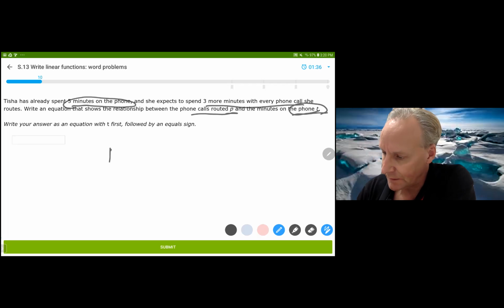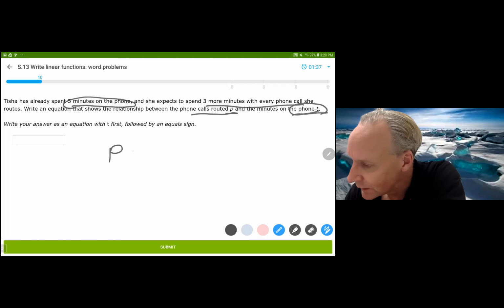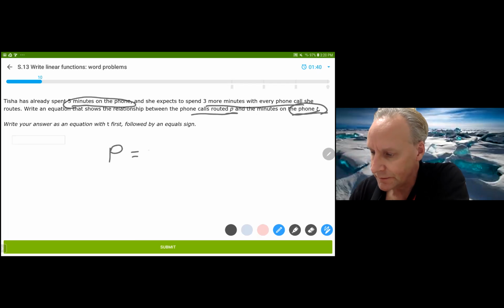So P, the number of phone calls routed, is equal to, it says she spent 5 minutes on the phone. So that's the y-intercept is 5.